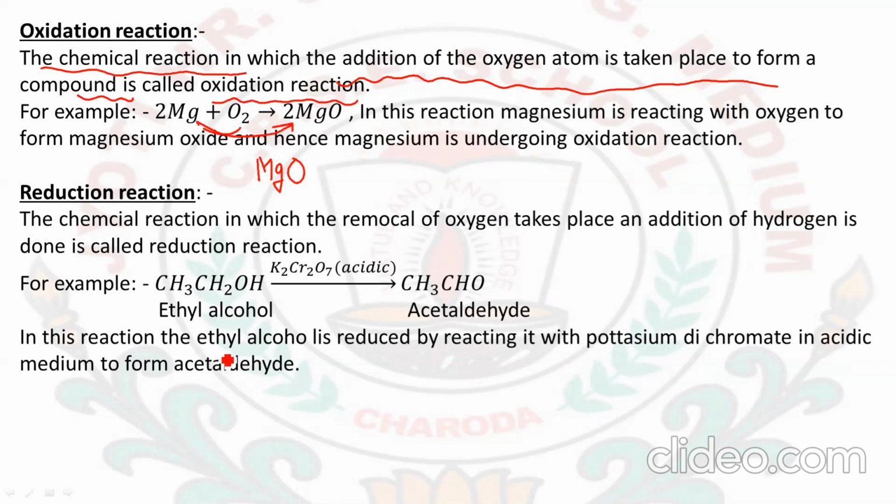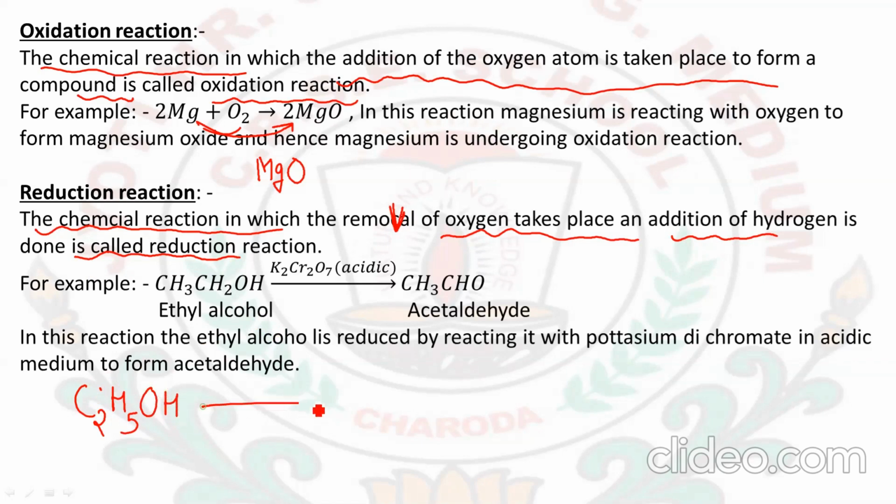Next is the reduction reaction, just the opposite of the oxidation reaction. The chemical reaction in which removal of oxygen takes place and addition of hydrogen is done is called reduction reaction. Here we have taken an example of ethyl alcohol, C2H5OH, which is to be reduced.